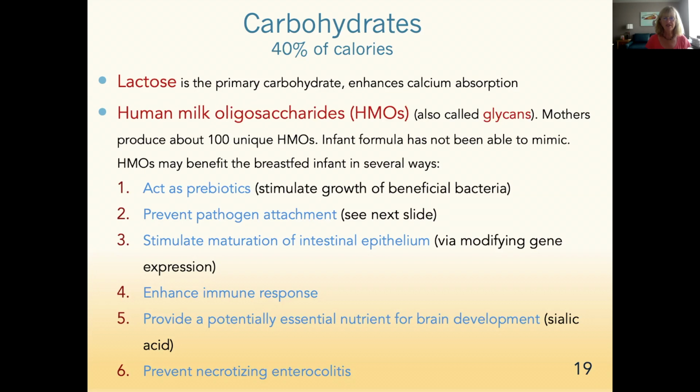I bet you can already tell me. Y'all know what an oligosaccharide is, right? Yes. Tell me. Anybody? We're not putting anybody on the spot here. Remember what a monosaccharide is? Yes.